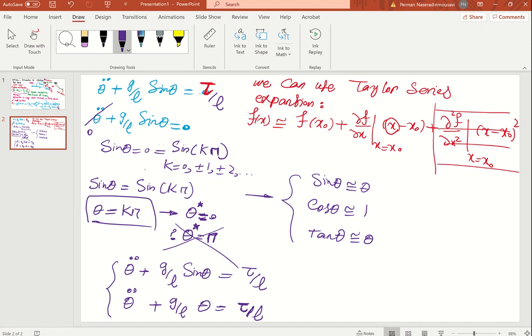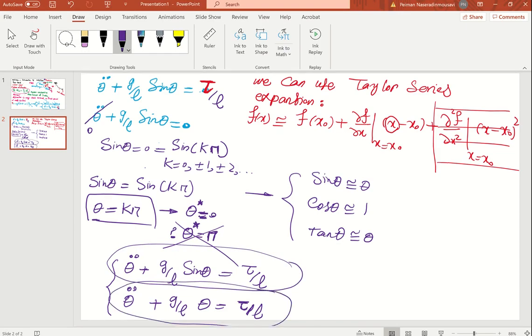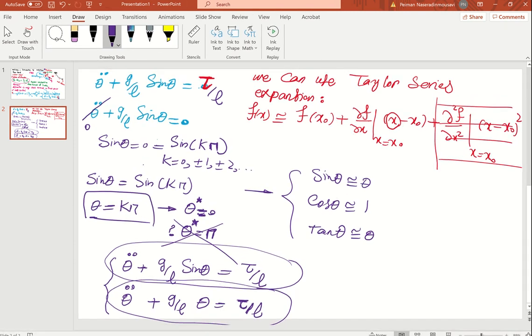Okay, understand? So this is a nonlinear equation of motion of 1 degree of freedom robot, and this is the linear equation of 1 degree of freedom robot. So I'm pretty sure you have seen this several times in the course of vibration.